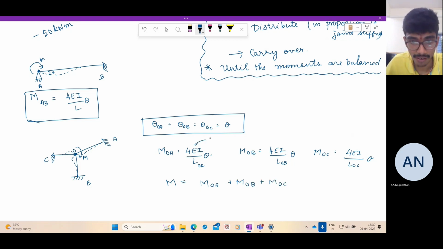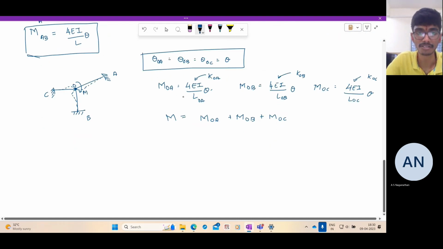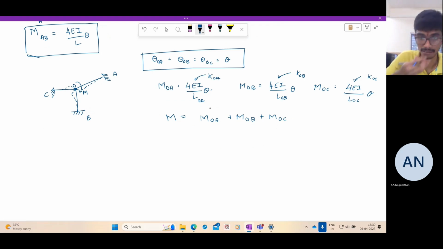Now these coefficients of theta, I can call them KOA, KOB, and KOC. Why is that so? Because they relate a force-like quantity M to a displacement-like quantity theta. So it's like F is equal to Kx, we have M is equal to some torsional spring times theta.